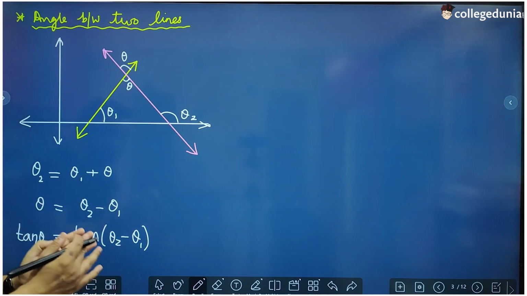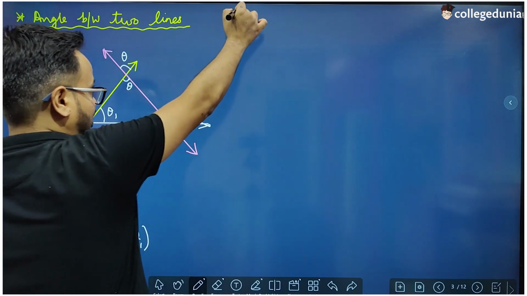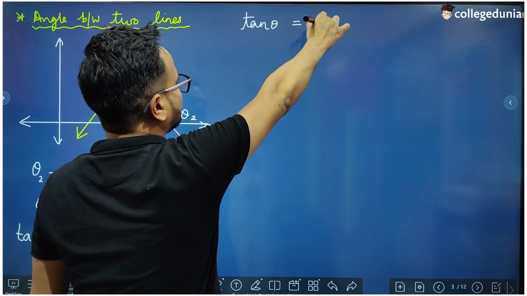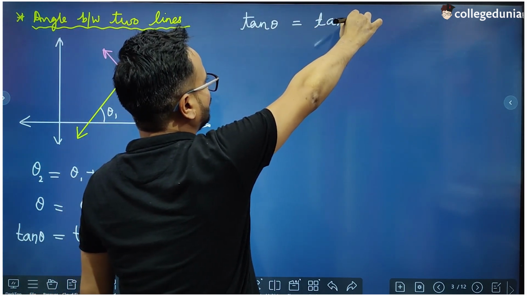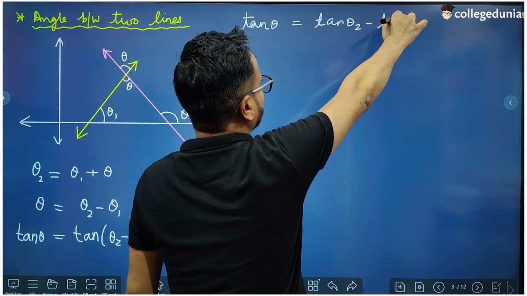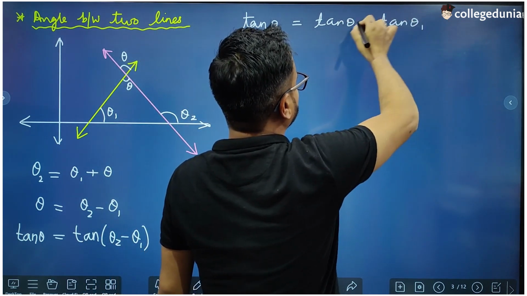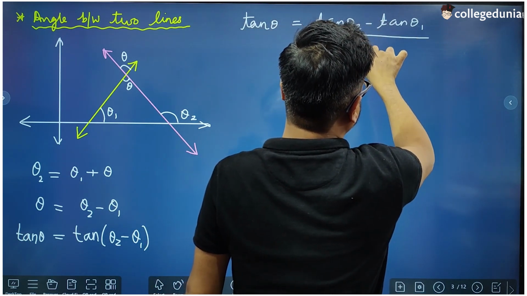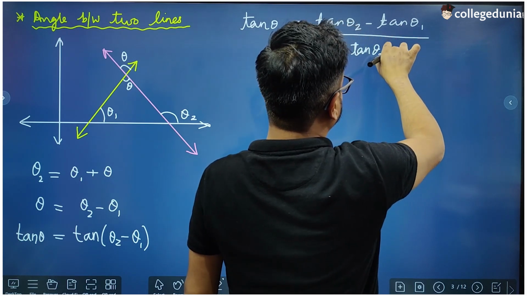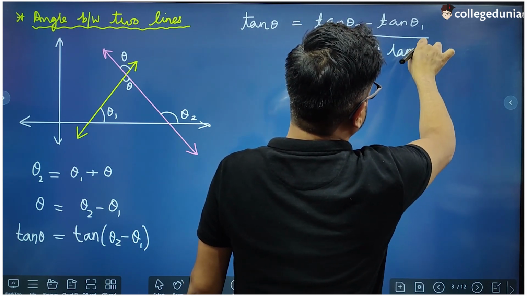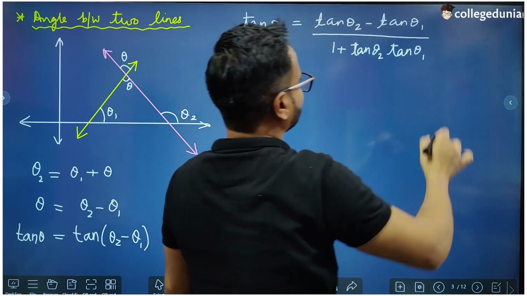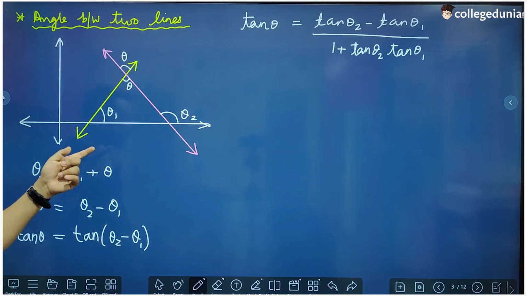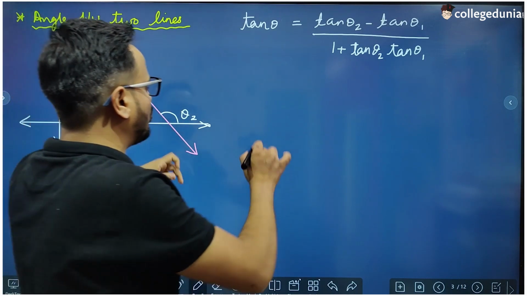It is tan A minus tan B divided by 1 plus tan A tan B. So we can write that tan theta is tan theta 2 minus tan theta 1 divided by 1 plus tan theta 2 into tan theta 1, and obviously tan theta 1 is m1, which is the slope of this line, and tan theta 2 is m2, which is the slope of this line.